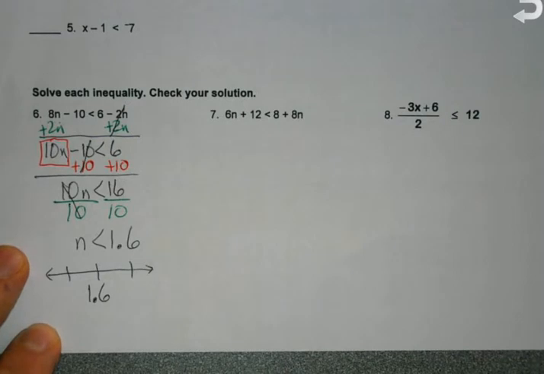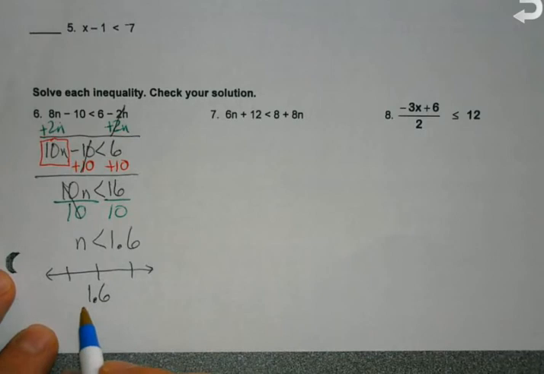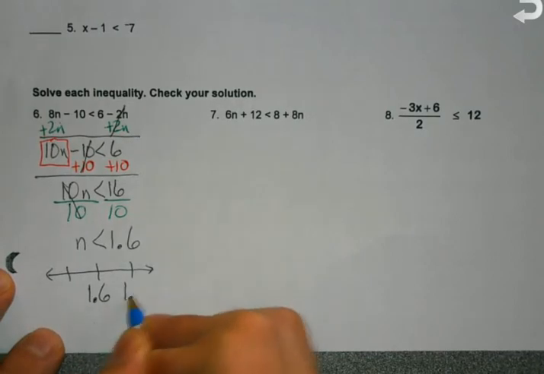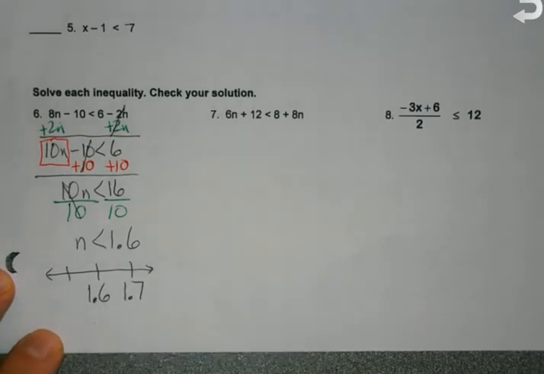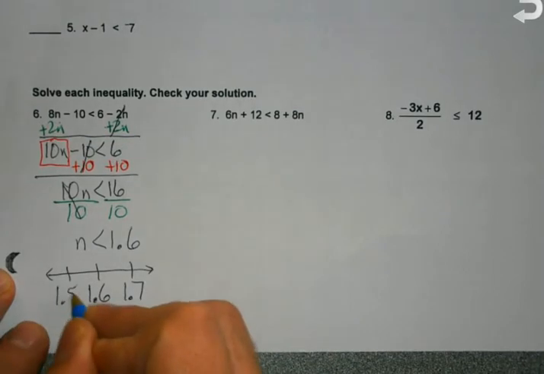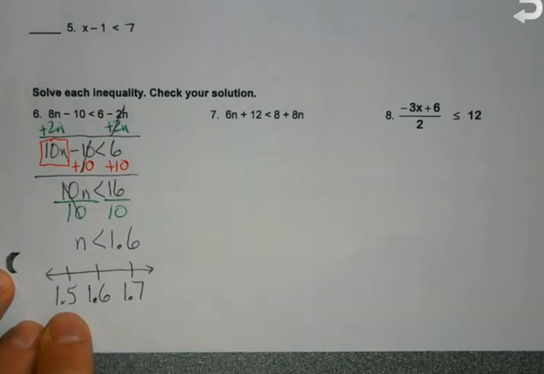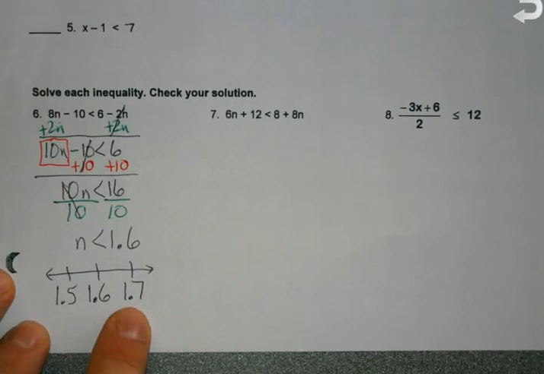We're going to graph on a couple of these, just to get a little practice. I agree, 1.7 could go over here. What could go on the other side then? 1.5. Because the value gets less as I go to the left and greater as I go to the right. Because I'd rather have $1.70 than $1.50.